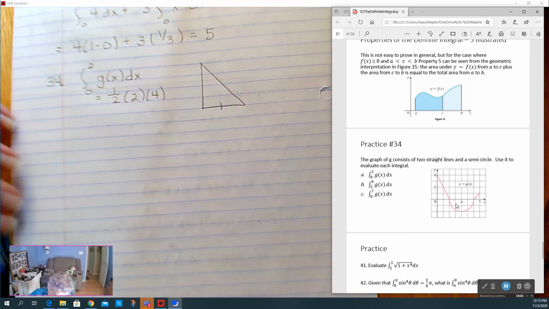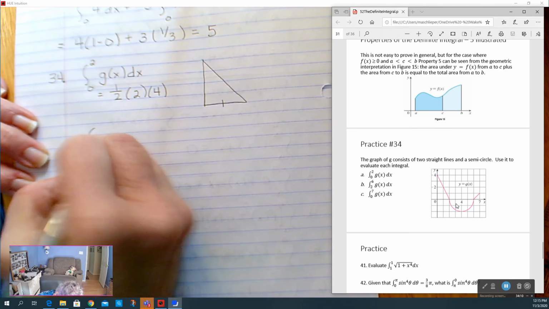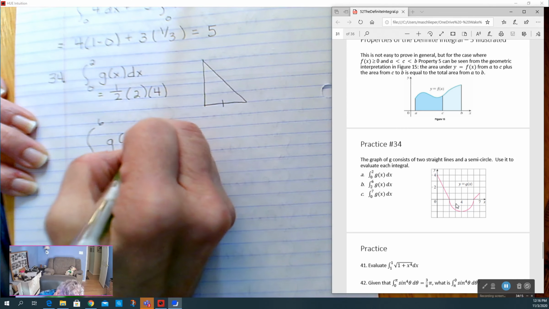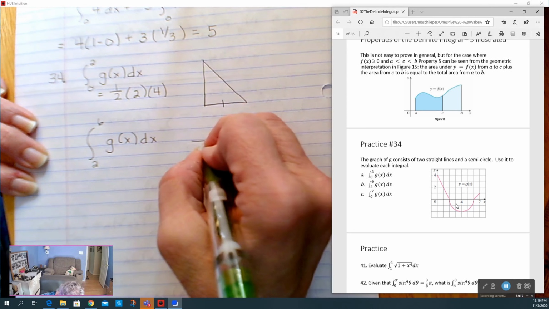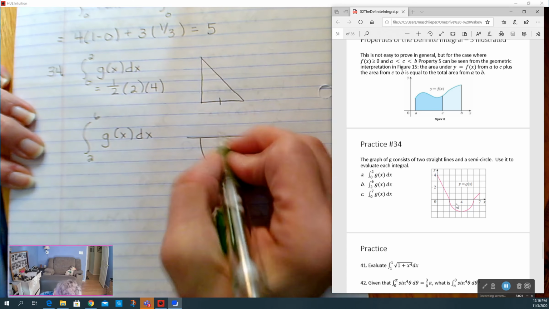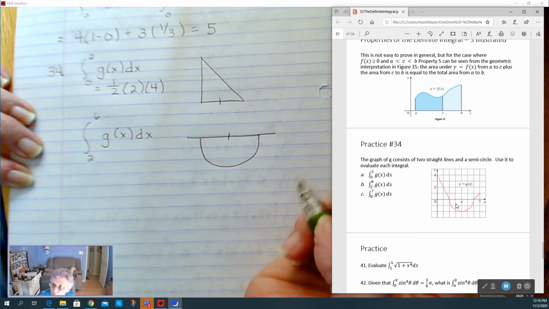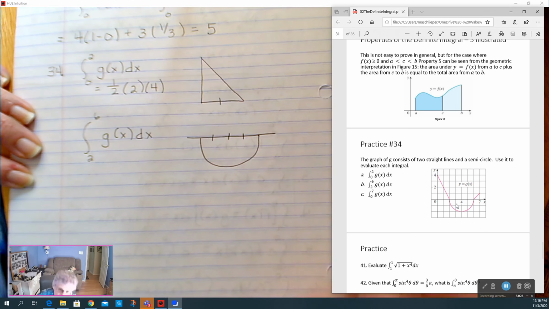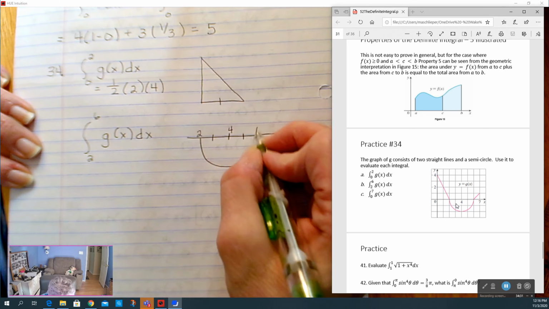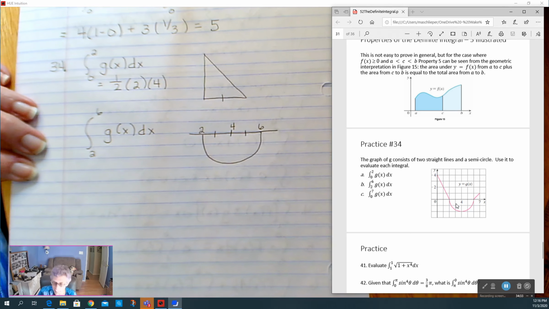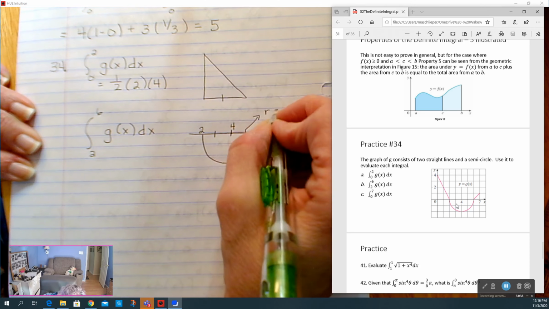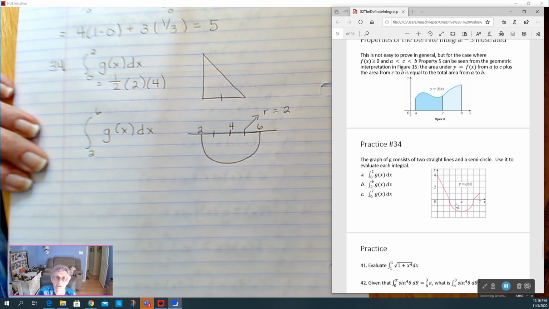Now from 2 to 6, I have a semicircle, g of x. Here we are below the x-axis. 4 lives in the middle. So this is 2, 4, 6. So the radius is equal to 2.